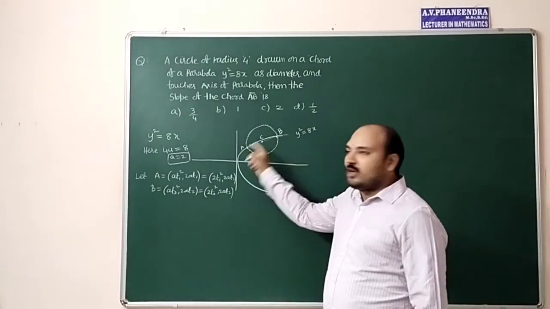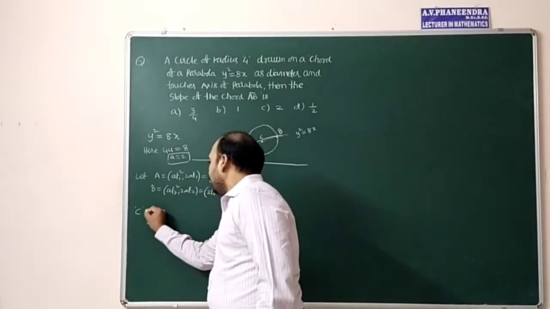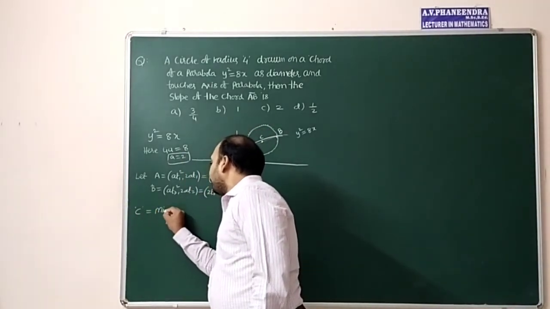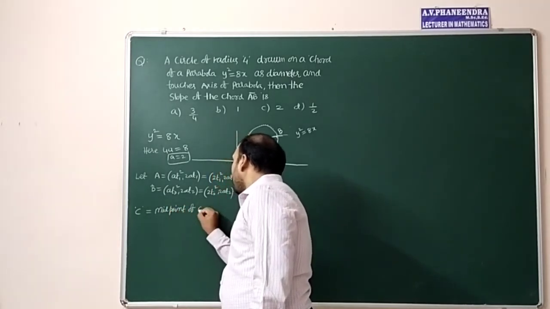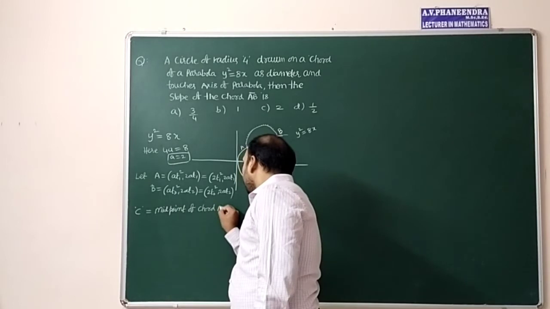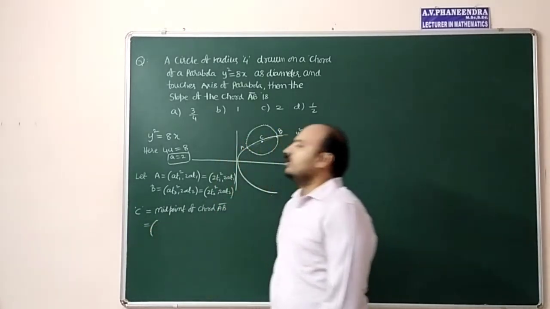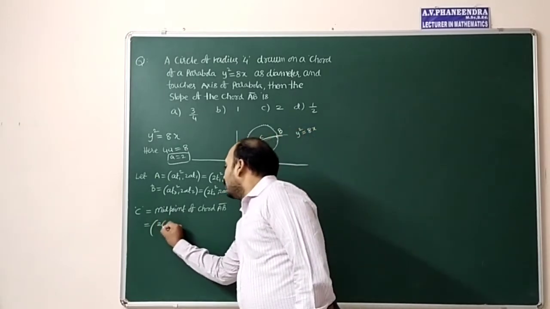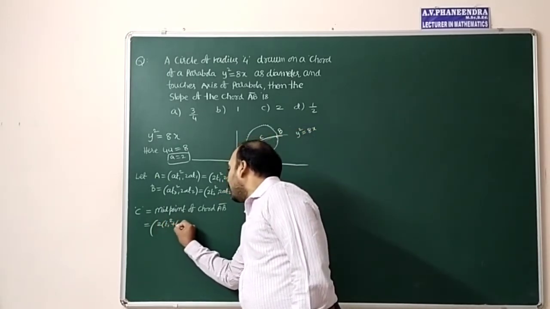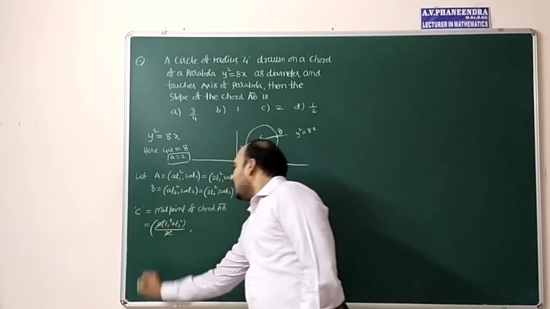C is the midpoint of chord AB, which is equal to x1 plus x2 by 2. So 2 into t1 square plus t2 square divided by 2. I am taking 2 common here, and the 2s get cancelled.